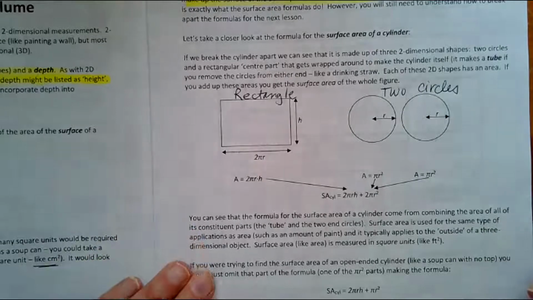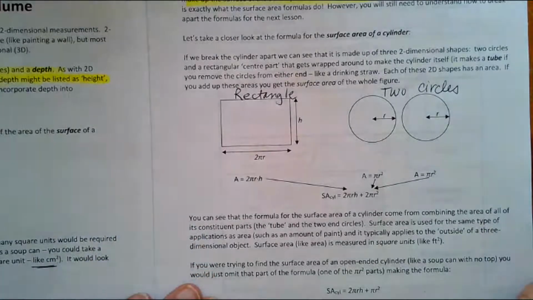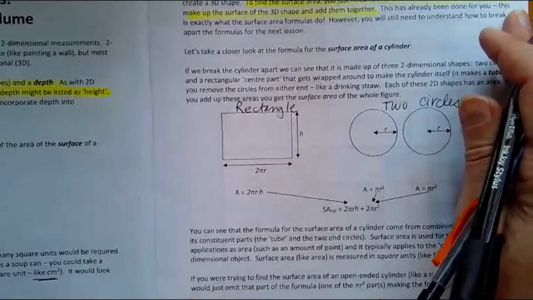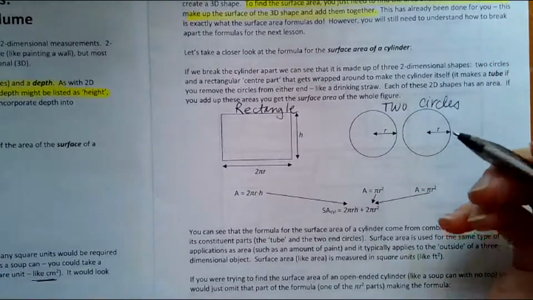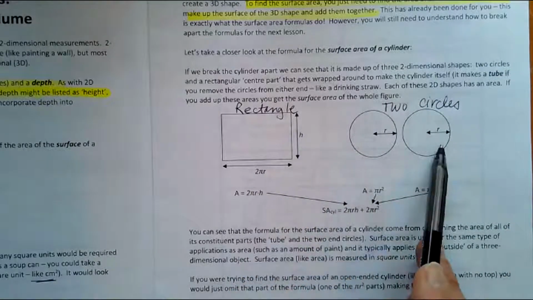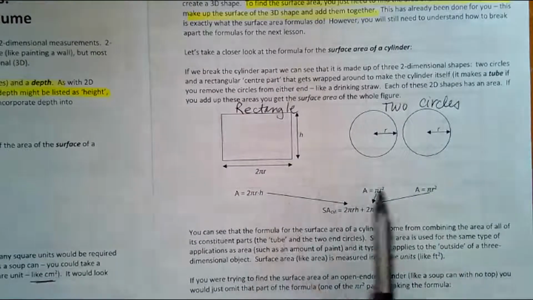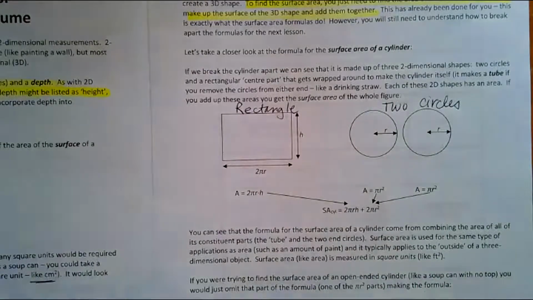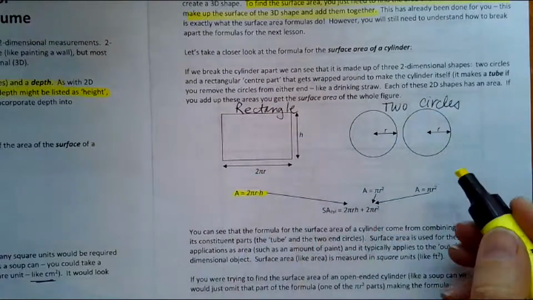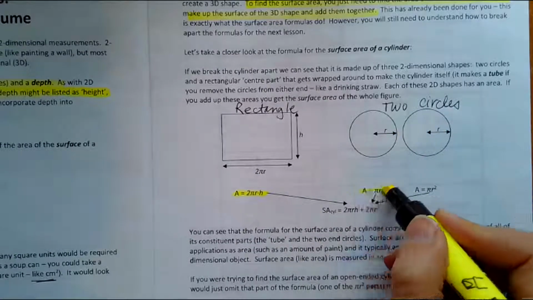Okay, so that's how we have to think of surface area. If I took whatever shape I'm given and dismantled it and took it back to its constituent parts, I would have a rectangle and two circles. So all I have to do is find the area of my rectangle, which we'll talk about in a sec, and then find the area of the two circles.